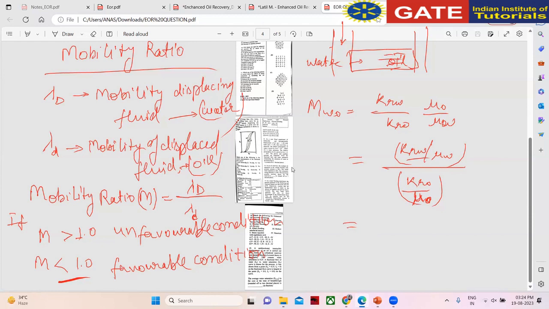We know that relative permeability is the ratio of effective permeability and absolute permeability.